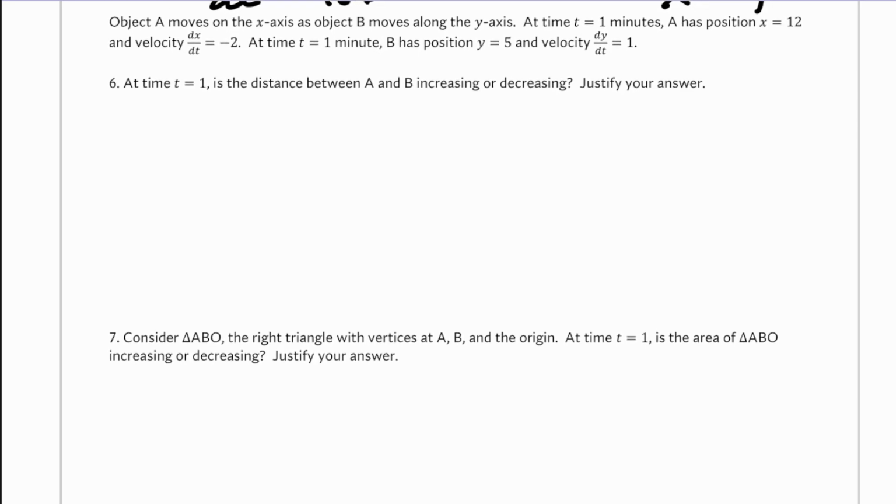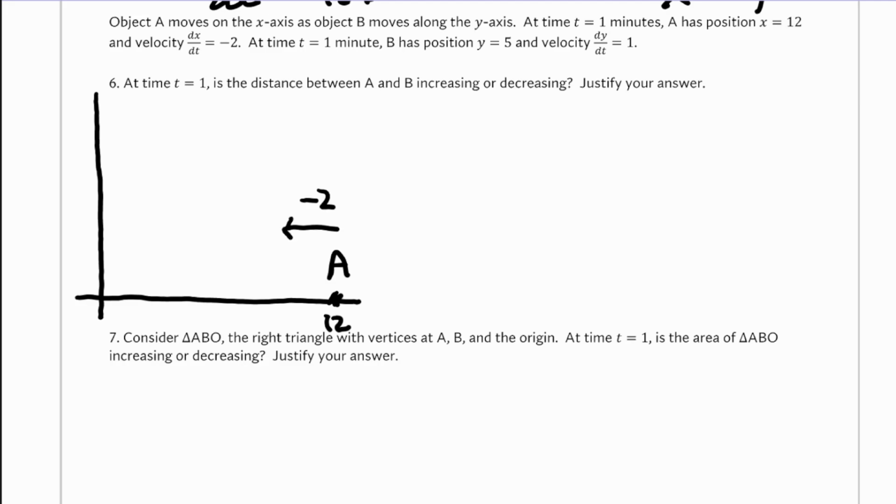Okay, now I've got this related rate situation with particle motion. So I'm going to draw my diagram. X equals 12. And that's object A. And the velocity of A, dx/dt, is negative 2.